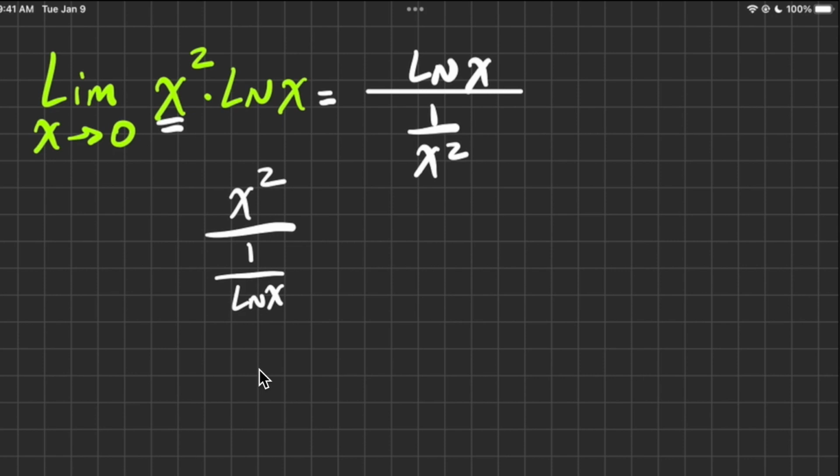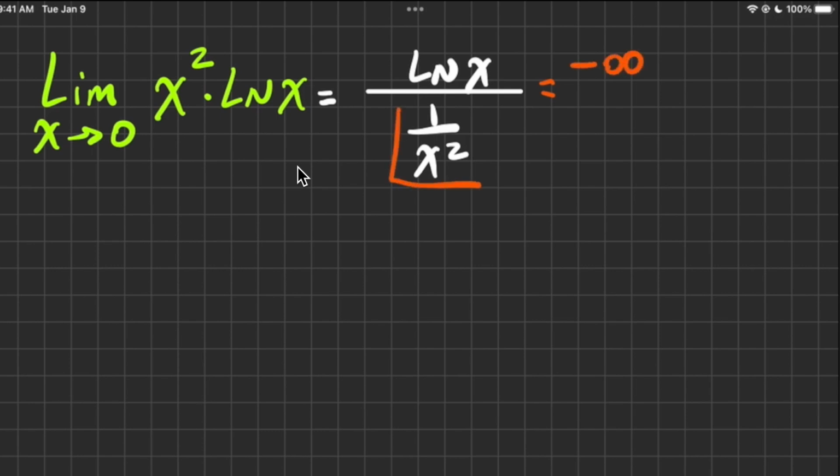So let's go ahead and use the original form that I created, this original new expression. These are the same expressions, just written now as a quotient rather than a product. So let's go ahead and plug in 0. Ln of x of 0 is still going to be negative infinity. Now let's look at what happens when we plug in 0 here.